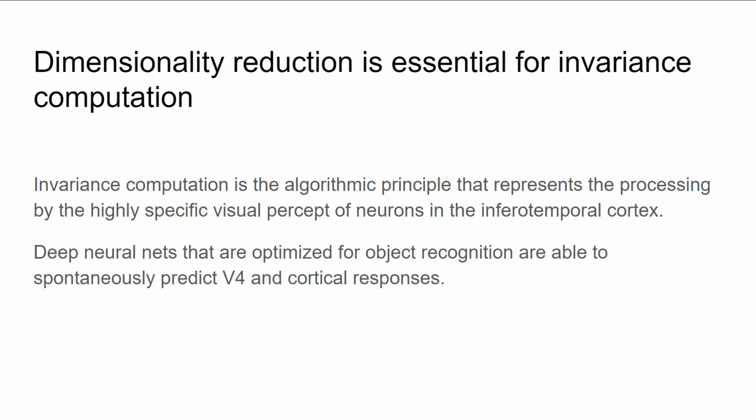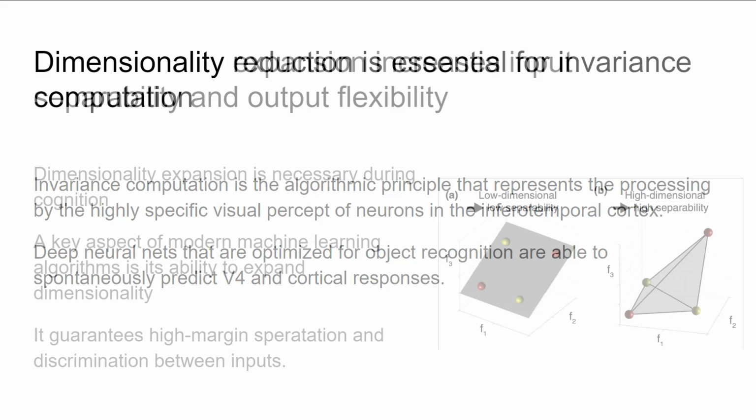So dimensionality reduction, removing the dimensions that you want to be invariant to, is necessary for computing things with invariance, kind of tautological here. But deep neural networks that are optimized for object recognition do this dimensionality reduction in later layers, and predict V4 and cortical responses in some parts.